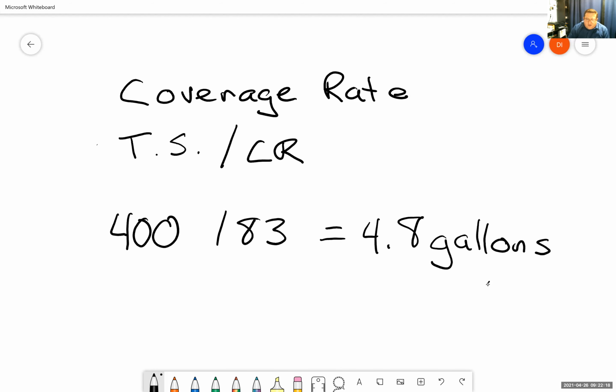Our book doesn't cover this, but I do want to cover it for you. How much actual chemical would I need to be able to do that? Well, now that I know that I needed 4.8 gallons of product, it helps to know how much product my stripper will make.